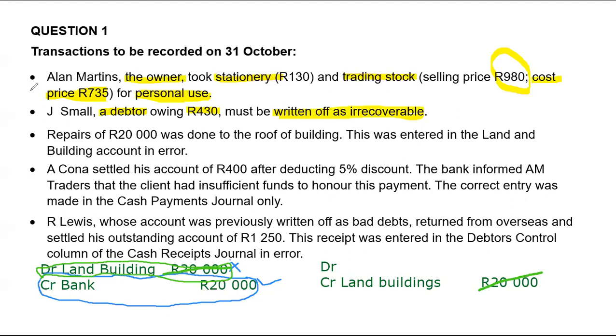but we still need to make the correct entry. And to make the correct entry, we just have to debit the correct account. And that correct account will be repairs. And that will be 20,000, which is what we're going to do, right?